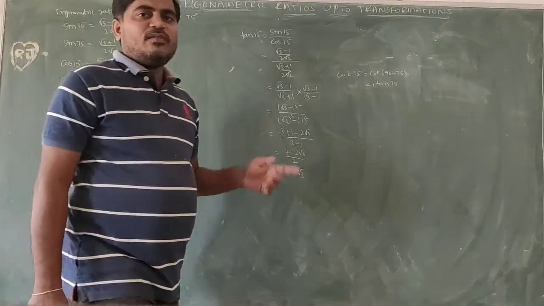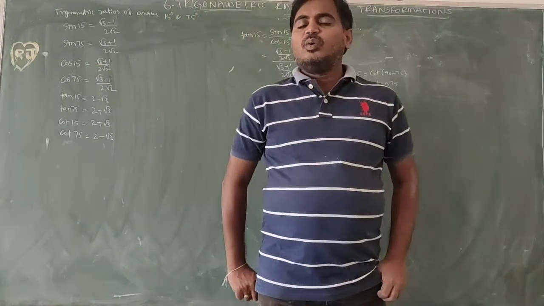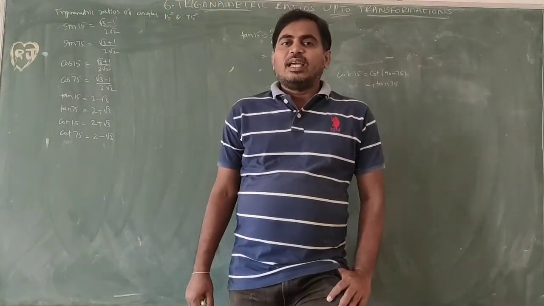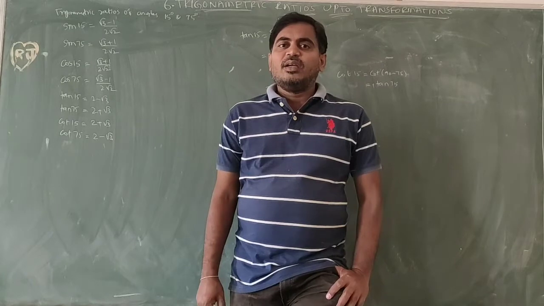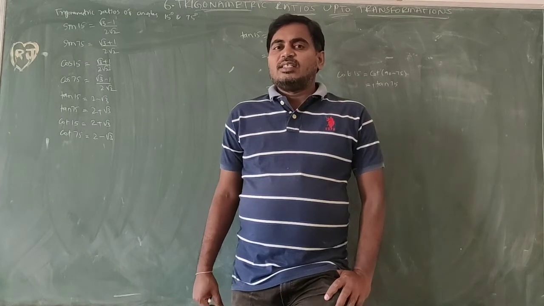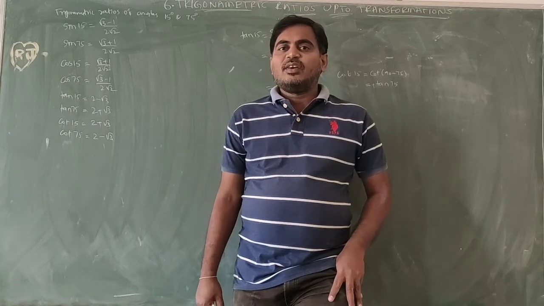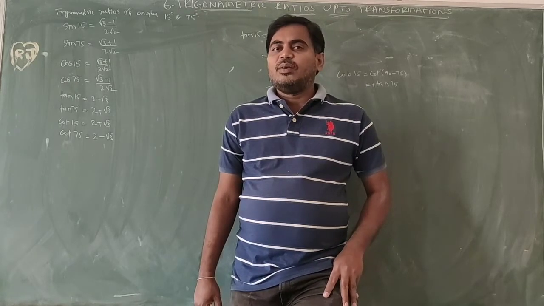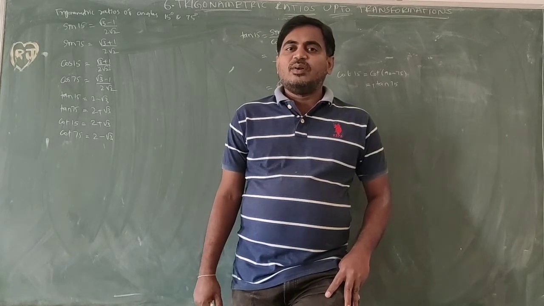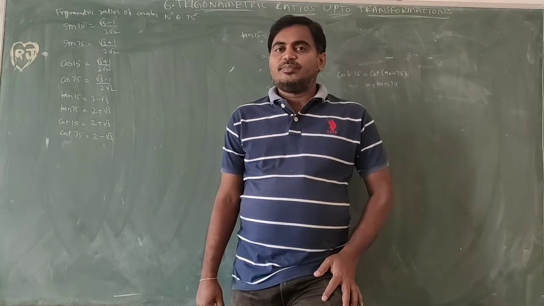So cos 75 equal to root 3 minus 1 by 2 root 2. Sin 75 equal to root 3 plus 1 by 2 root 2. Next, sin 15 equal to root 3 minus 1 by 2 root 2. Cos 75 equal to root 3 minus 1 by 2 root 2. Cos 15 equal to root 3 plus 1 by 2 root 2.